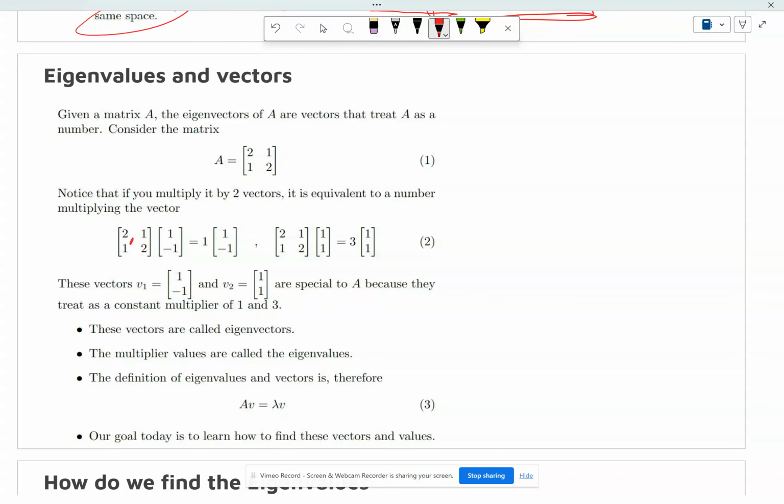Therefore, the matrix, according to this vector, could be treated as just a number. Here's another eigenvector. Notice that if I multiply by this, it's equivalent to just some number. So this right here is the eigenvector, the vector that treats a matrix as if it's just a number. And its associated number is the eigenvalue.